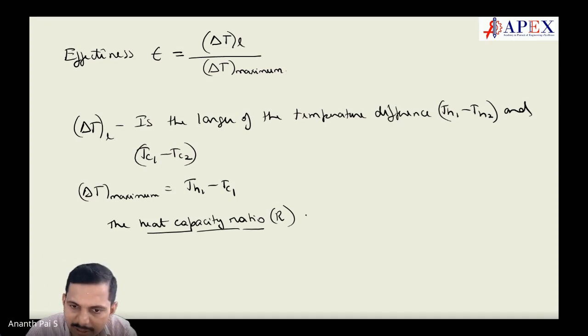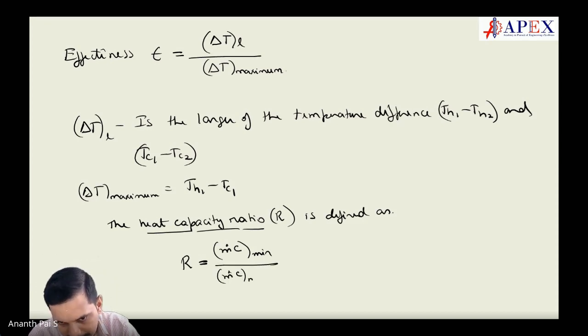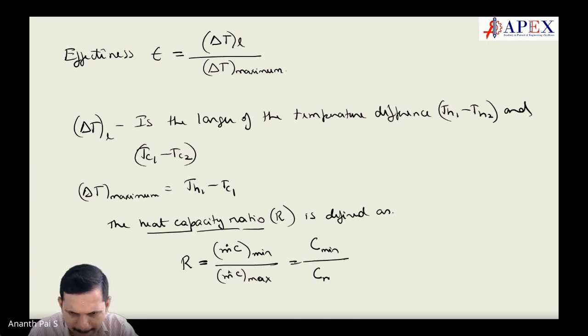R is defined as R is equal to m dot C minimum divided by m dot C maximum, which can be written as capital C minimum over capital C maximum.